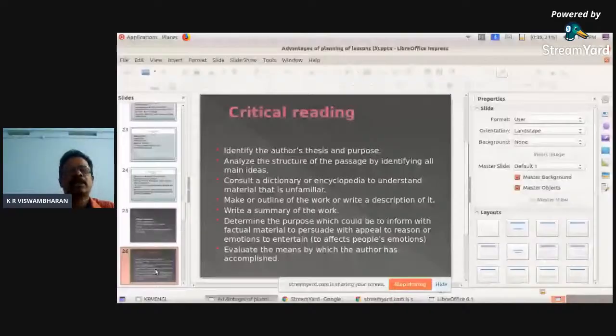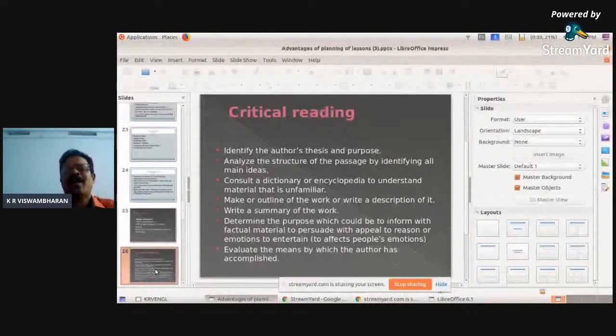Receptive skills, listening and reading. These two skills should be developed to the level of creativity. And creativity is actually independent reading. Our motto, our objective, is to make readers independent readers. I told you, any text has a thought behind it, and the reader reads it.